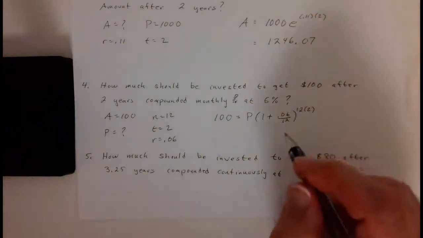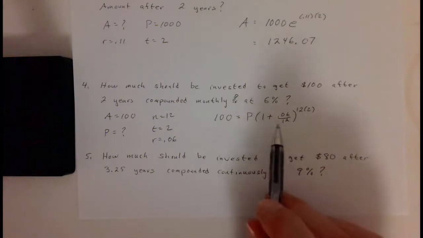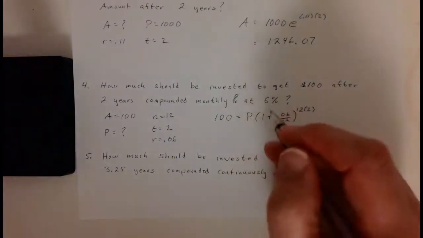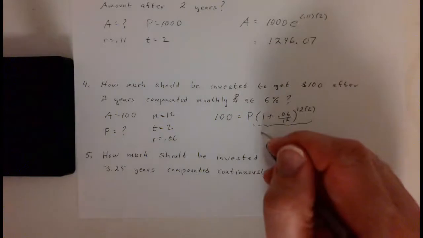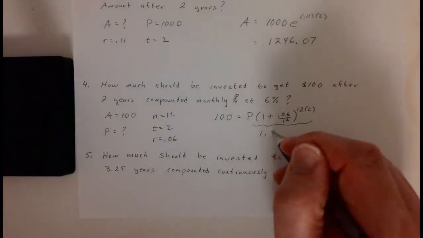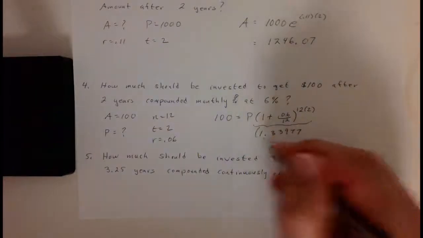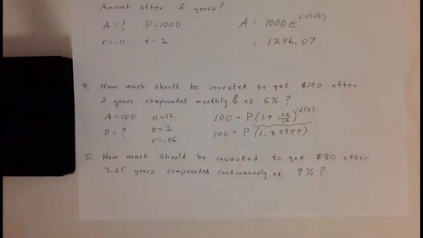Obviously you don't want to round this to the nearest cent, because otherwise you're going to get some compounding error. So you're going to take this number and get as many decimal places as you can, and this is 1.33977. I think 5 decimals usually should be more than enough, but you need more than 2.